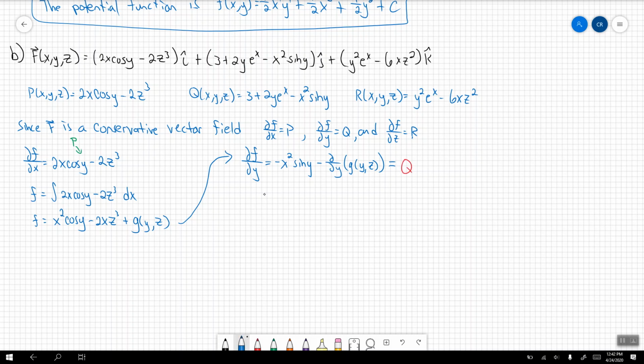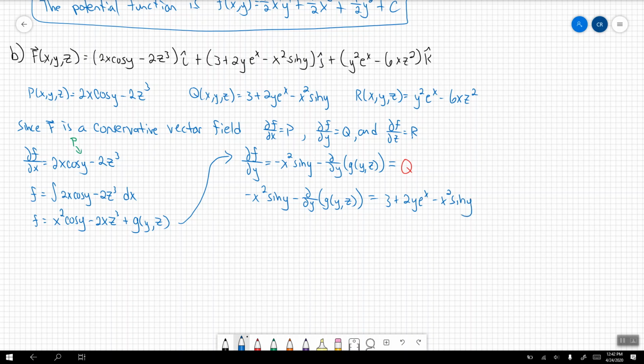Well, what is Q? Let's go ahead and look at that. Negative x squared sine y plus the partial with respect to y of g of y, z is equal to Q, and Q is that middle function, which is 3 plus 2y e to the x minus x squared sine of y.